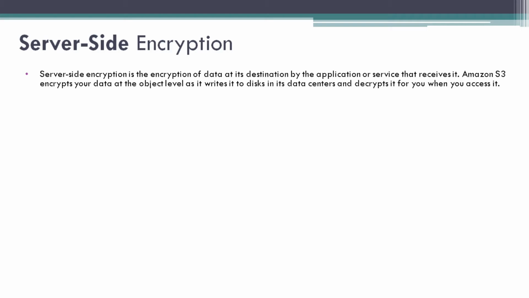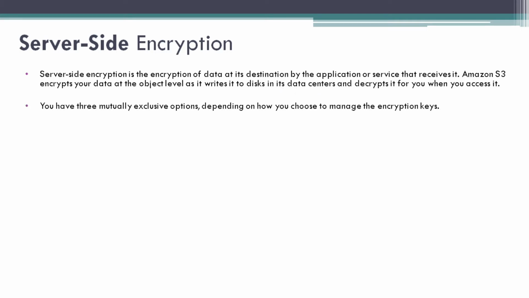This means when you upload your objects and store them in S3, Amazon S3 takes care of encryption and decryption before storing your data on the disk in the data center.